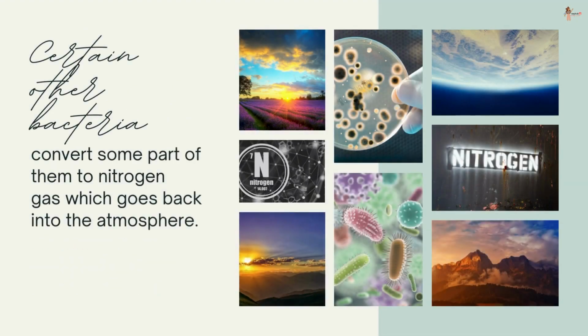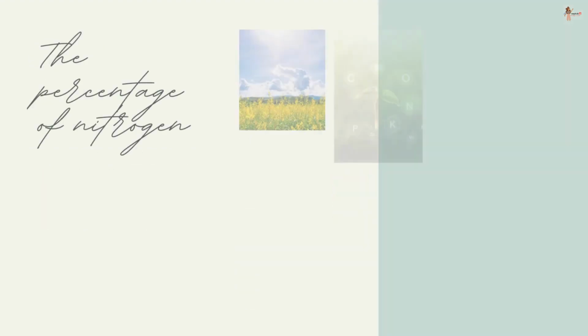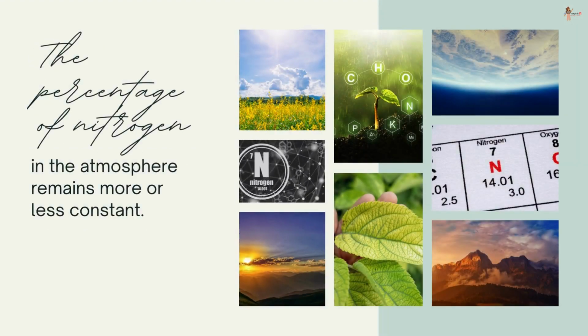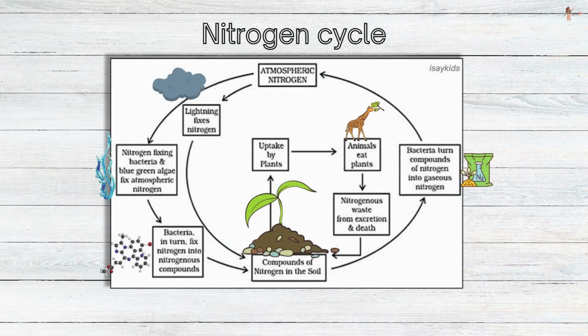Certain other bacteria convert some part of them to nitrogen gas, which goes back into the atmosphere. As a result, the percentage of nitrogen in the atmosphere remains more or less constant. This is the nitrogen cycle that we just talked about.